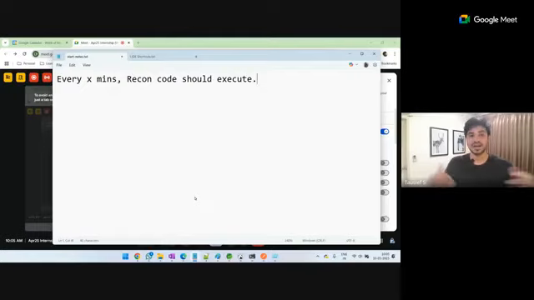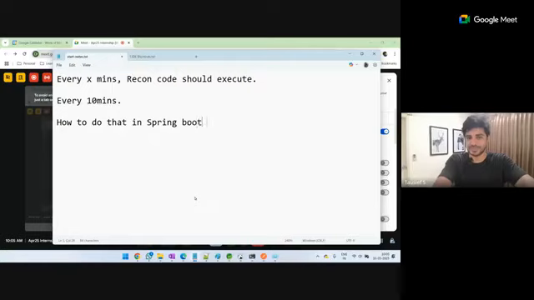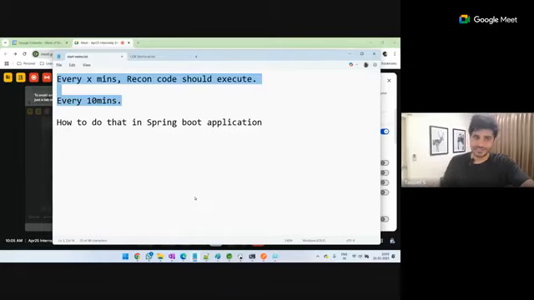Now comes the question, how to execute it? Let's say every 10 minutes, we want this process to run. Now comes the question, how to do that in a Spring Boot application? So guys, this is a functional requirement. In whatever programming language you are developing, there will be some way to do that.